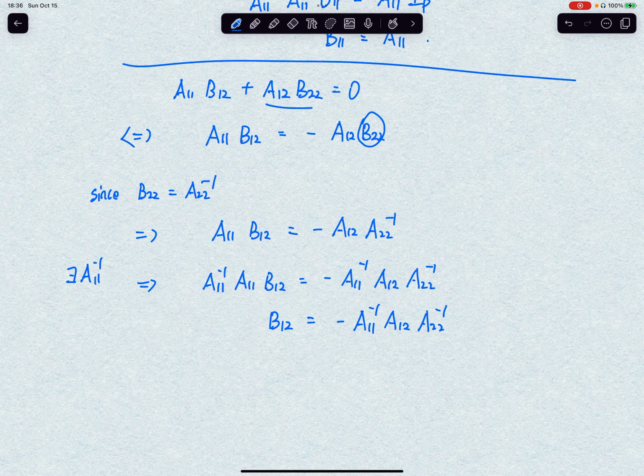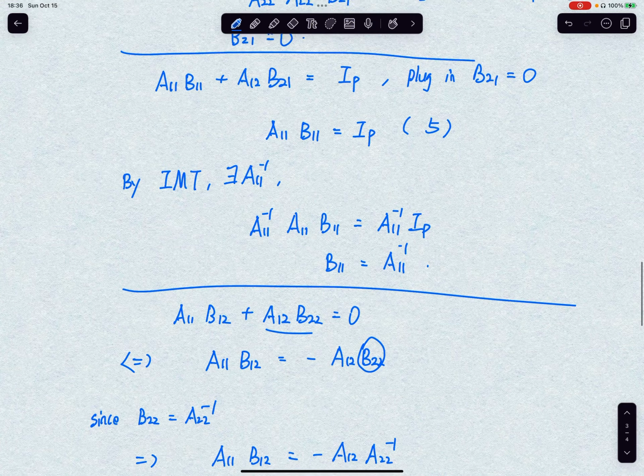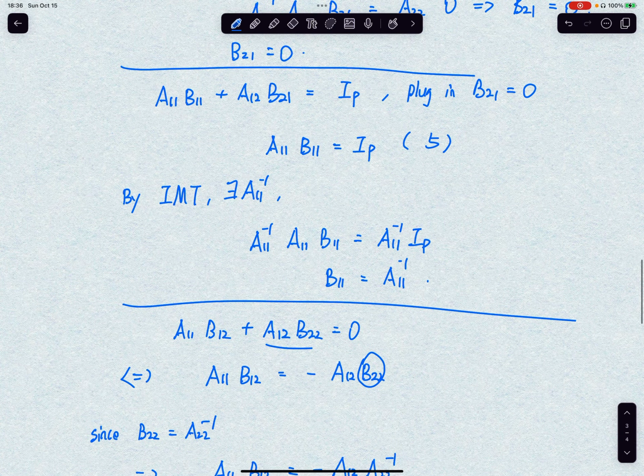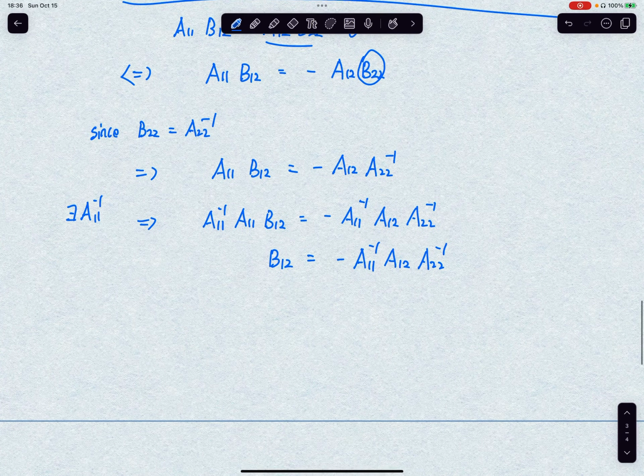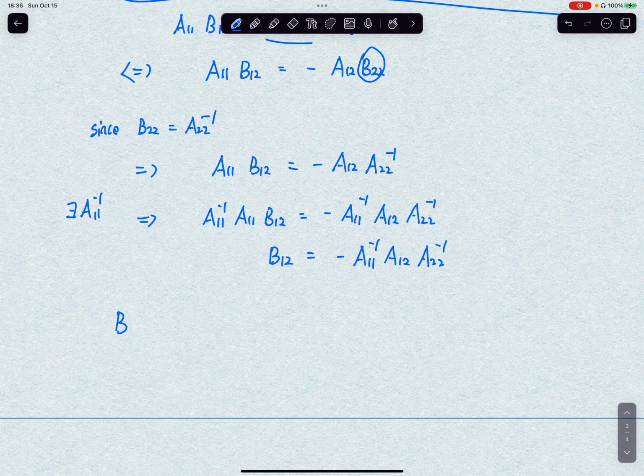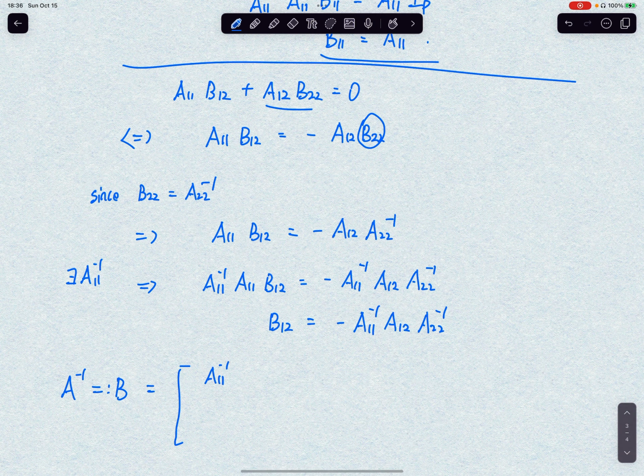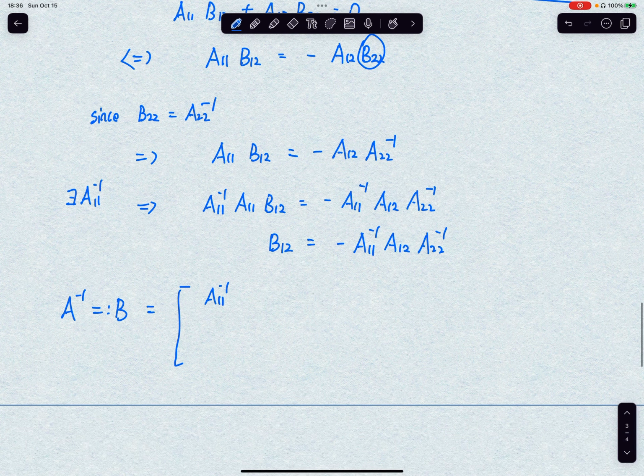So we have each block of B represented by blocks of A. So we have our B, which equals A inverse: first we find B11, which is A11 inverse, and B12, we just proved, is minus A11 inverse A12 A22 inverse.